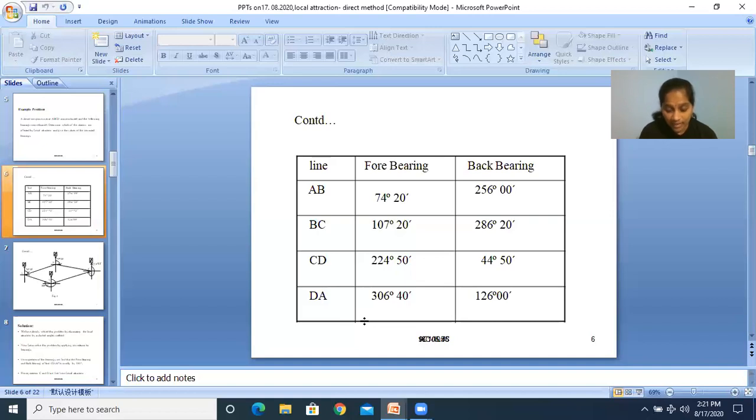So CD, it is exactly 180 degrees. And DA we will see. So this is 180 degrees 40 seconds.